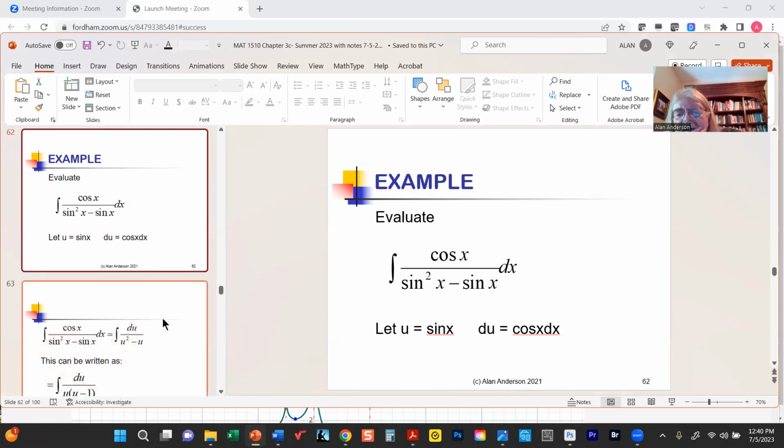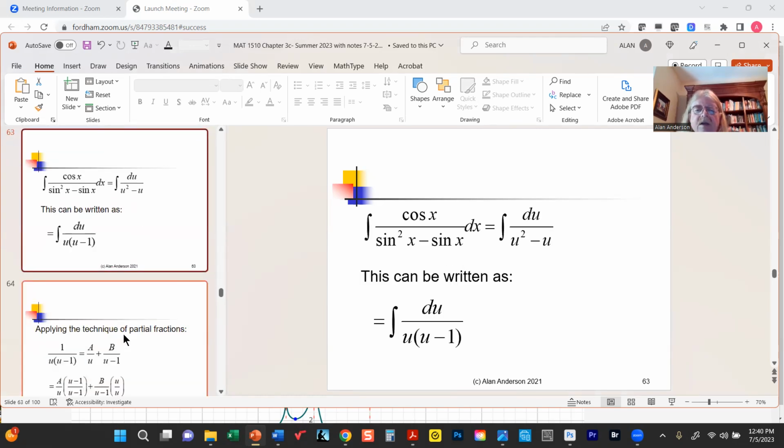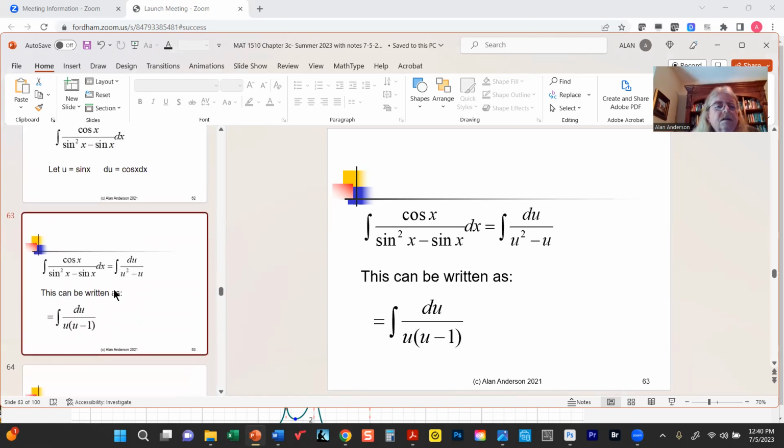All right, so we have cosine x over sine squared x minus sine x. Let's try u equals sine x, which means that du is cosine x dx. And so that means that we could rewrite this as, again, u was chosen to be sine x, du is cosine x dx.